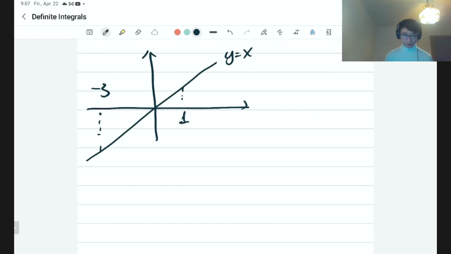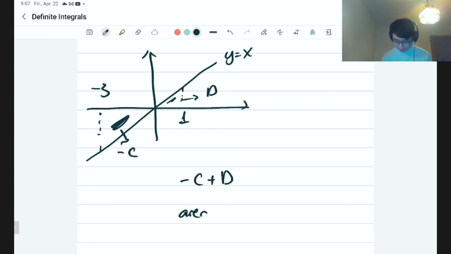This area here for sure is much less, the negative side of the area is much bigger than the positive side. So if I assume this one is -c and this area is equal to d, then the area is -c plus d, which is negative. And of course we know area can never be negative.